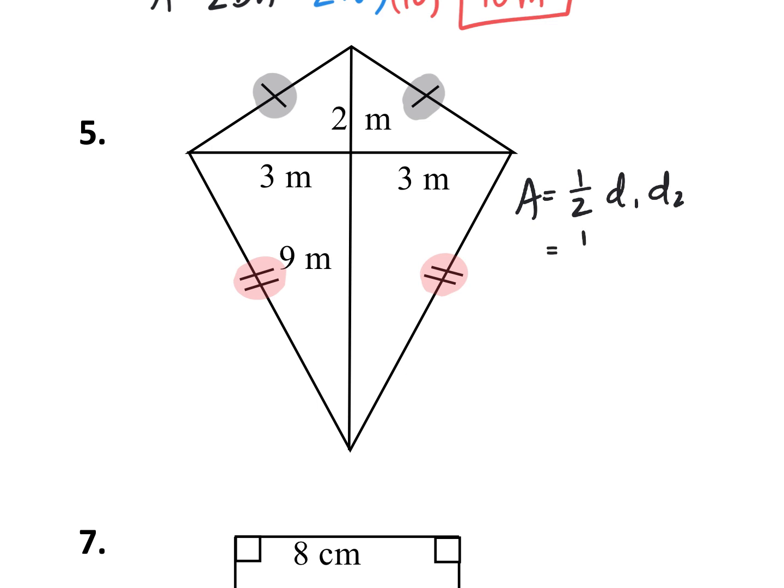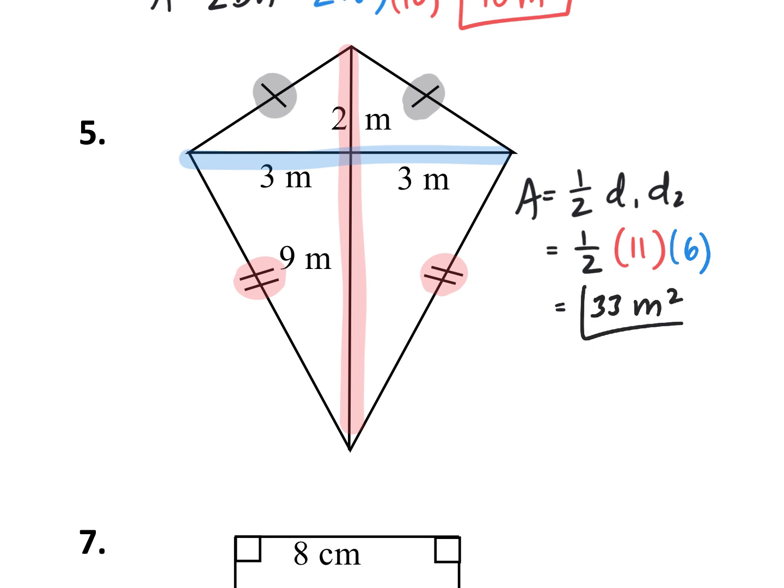So if I plug in my diagonals, I've got 2 plus 9 here, which would be 11. And then I've got diagonal horizontal, which would be 3 plus 3. And if we plug this into the calculator, we should get 33 meters squared.